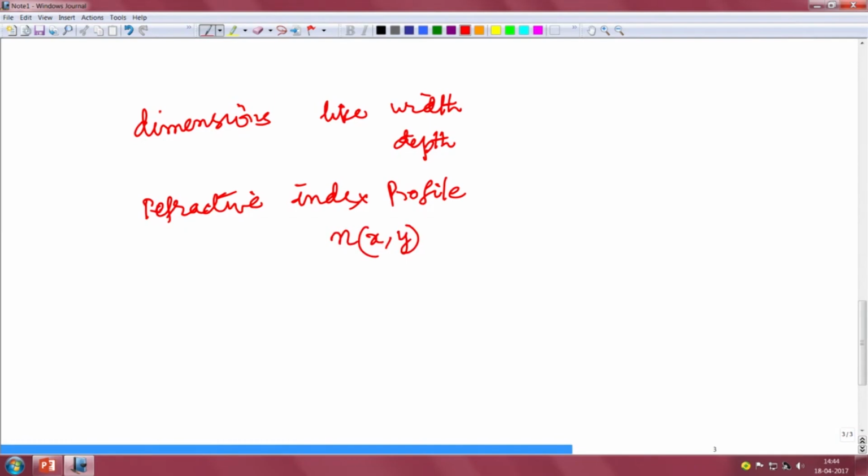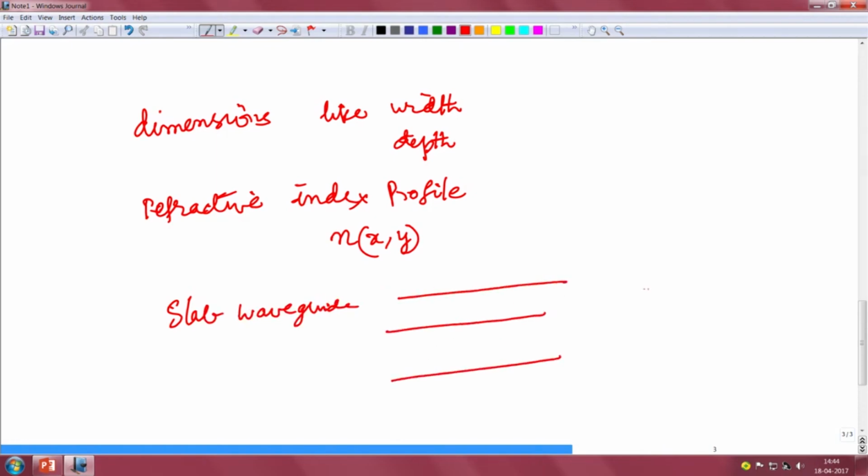As an example, for a slab waveguide, suppose it can be drawn like this, and you can say the refractive index is n1 in the guiding region, n2 in the substrate and n3 in the cover, and we can draw the refractive index profile as follows.